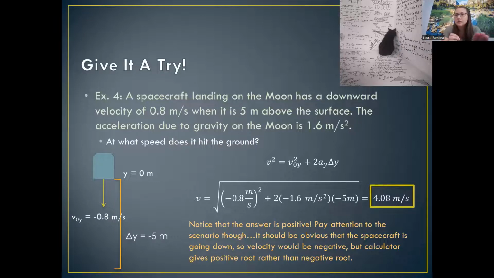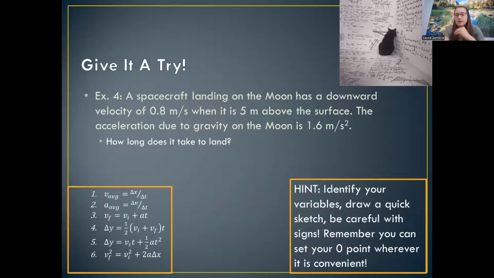Remember, in the previous example, we had 2 answers, 127 meters squared per second squared. When you take the square root of that, you get 2 roots, a positive root and the negative root. Your calculator probably just gives you the positive root. But in this case, it would be the negative one that we want to show us that the velocity is downward.